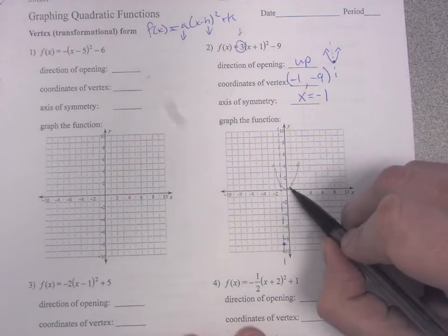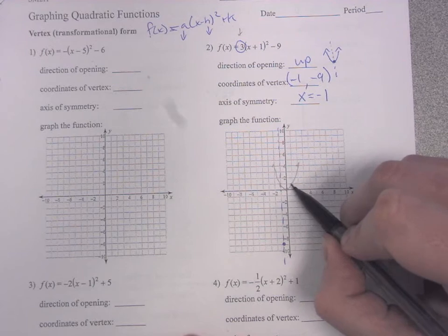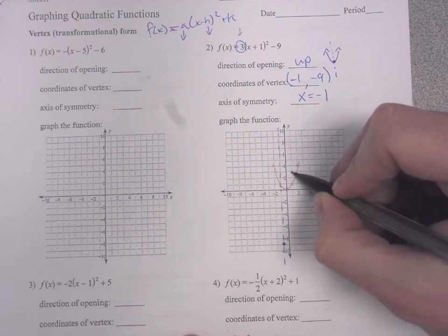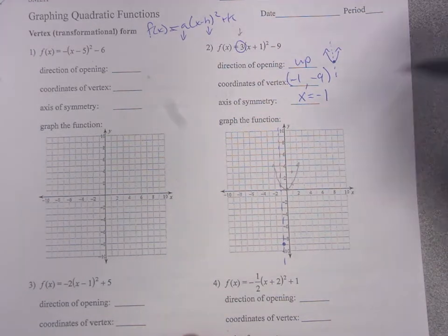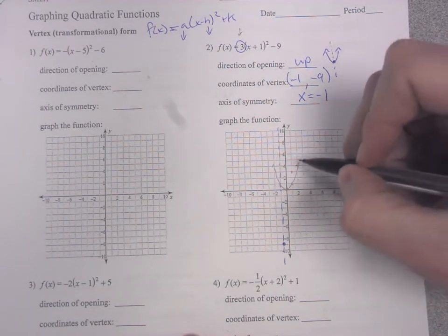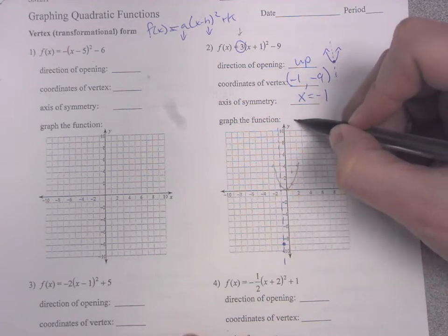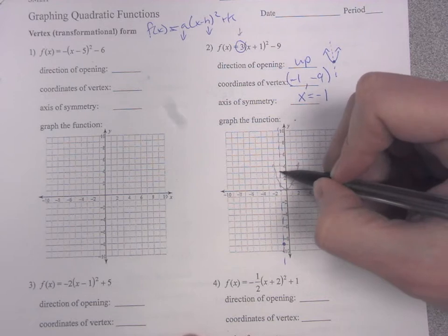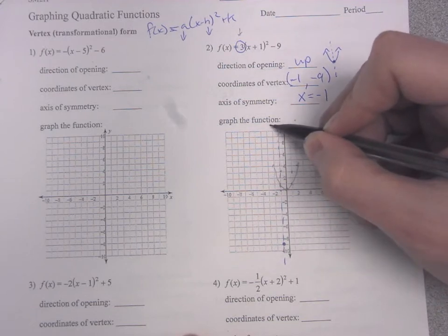So instead of this point here being at (1, 1), it's going to be at (1, 3). Right? It's going to stretch by a factor of 3. And this point, instead of being at (2, 4), it's going to be at (2, 12). Right? And this one here will also be (-1, 3), and then (-2, 12).